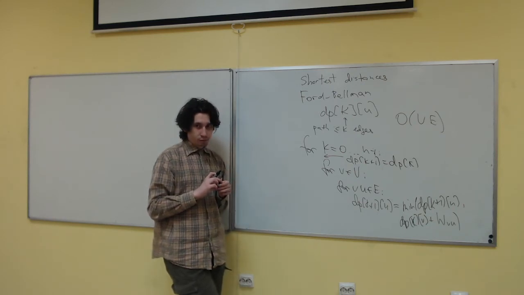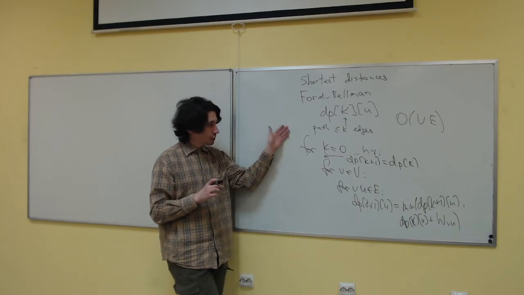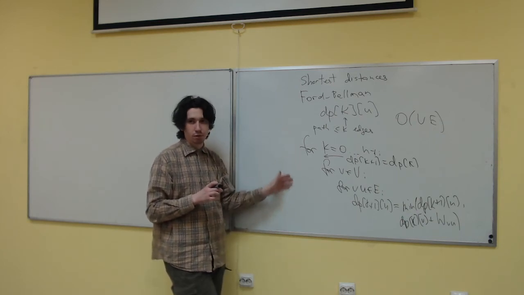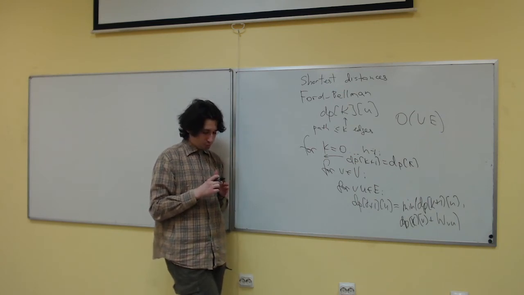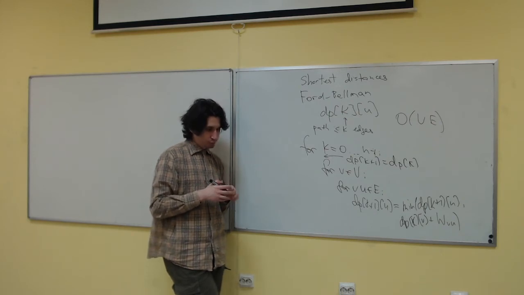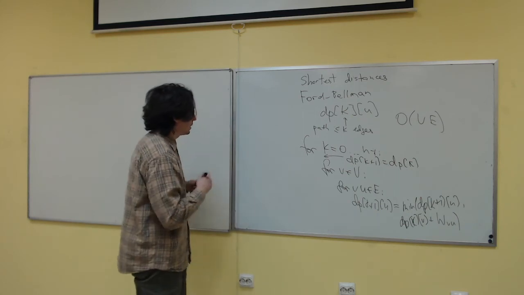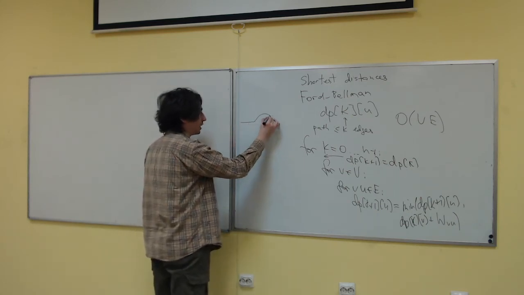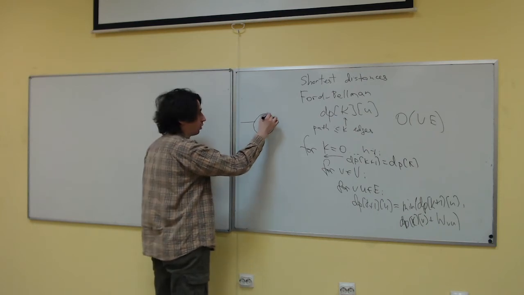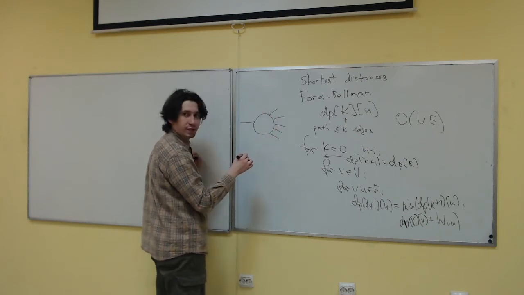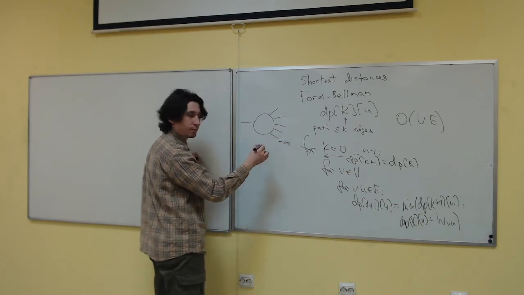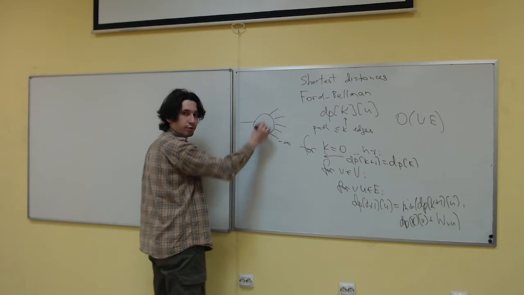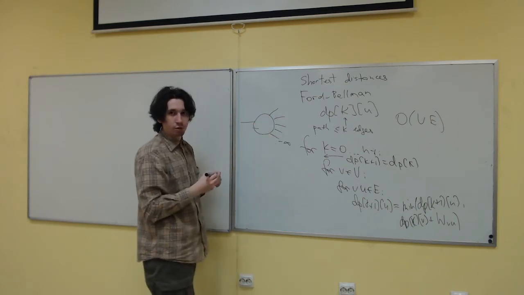You can do this using the dynamic programming, or something else also. Why I'm telling this is that if you have a negative cycle, then all the vertices that are reachable from this negative cycle will have minus infinite distance, because you can always get here and iterate over this negative cycle and then go to it.